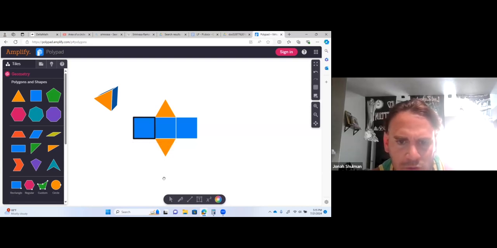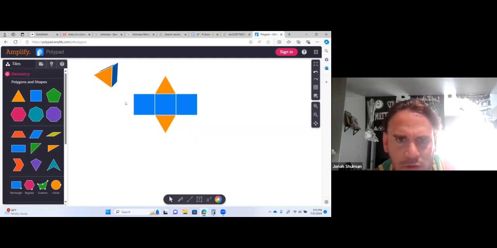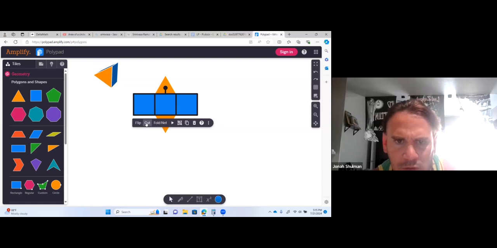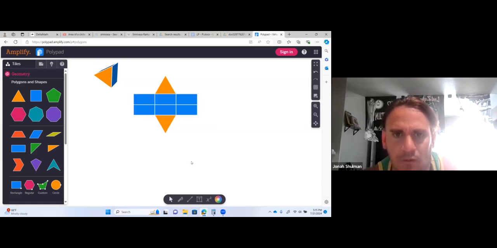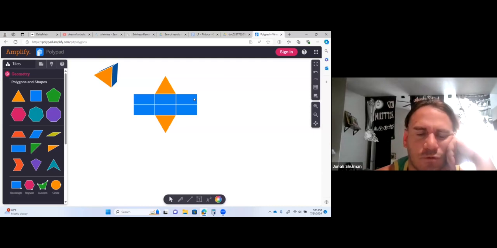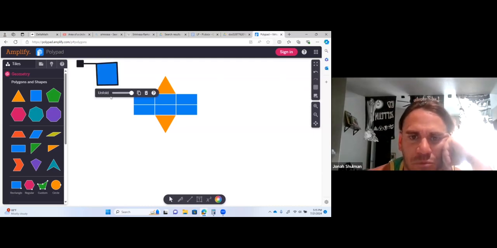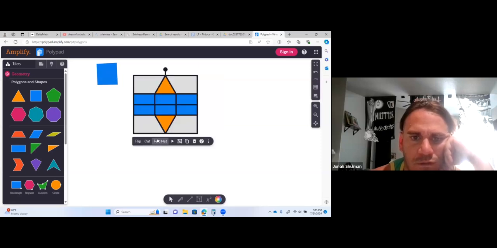Here's a cut. I want to cut the whole thing. All right, let's try that again. Sweet. Nice. I think I cut that one right where I wanted to do parallel, and then I'll do a perpendicular one. And let's fold this up and let's see it.